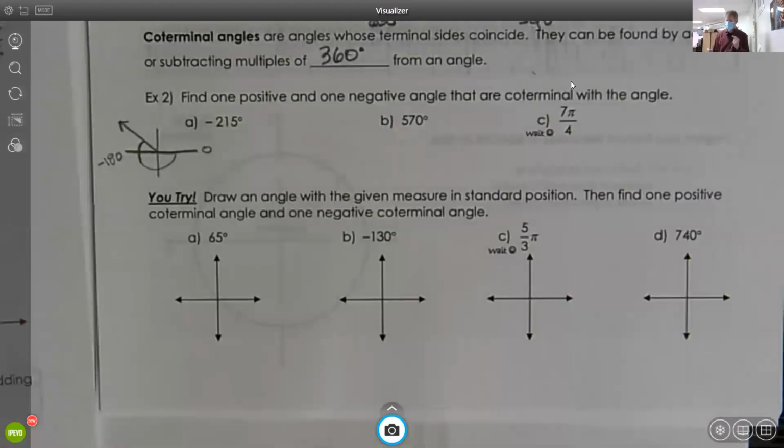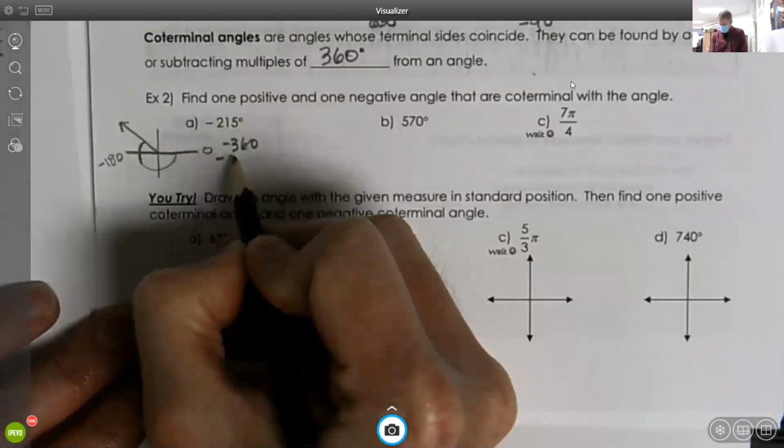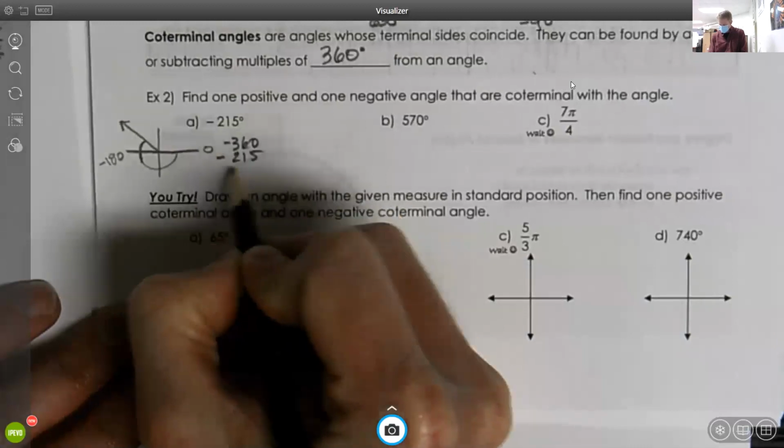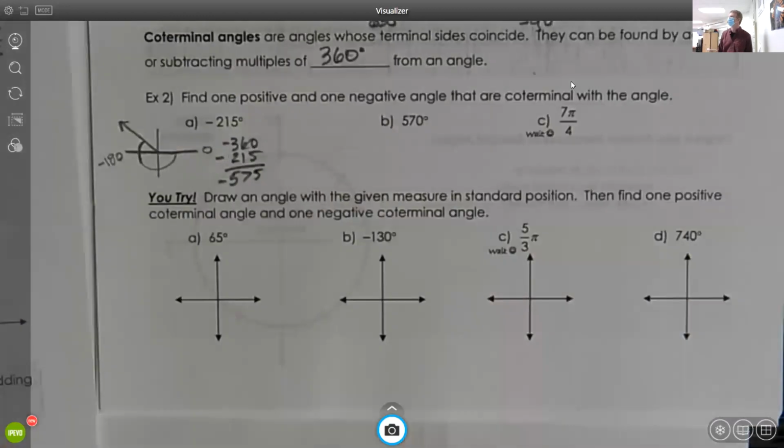So what else points in the exact same direction? Well, if you go negative 215 and you continue in another full circle, so that's another negative 360 to that, you would get negative 575 as a coterminal angle that was negative.